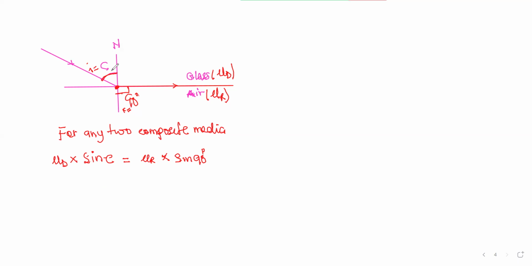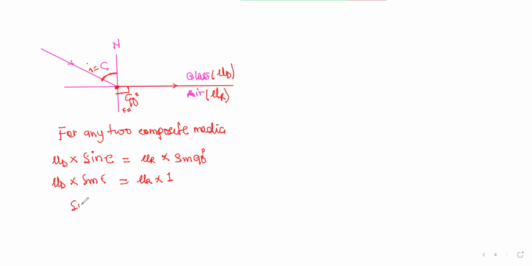So we are just looking for an expression which will help us calculate the critical angle of the material. That's why we are pegging I at C and not greater. Are you okay? Yes, sir. So mu D times sine C is equal to mu R times sine 90, which is 1.